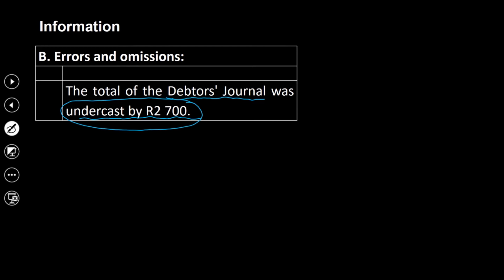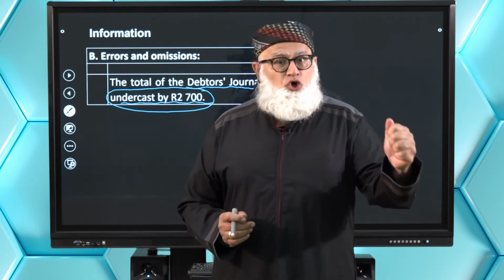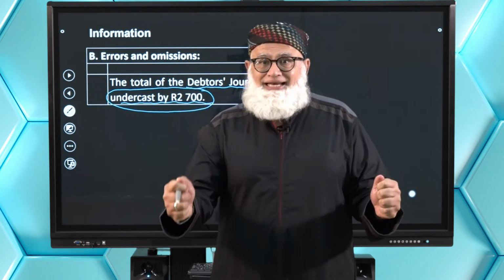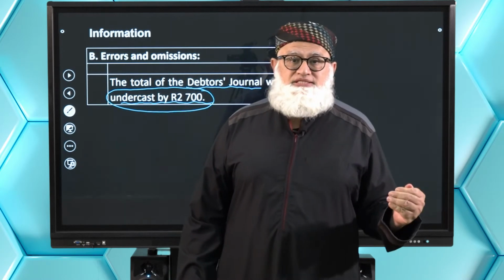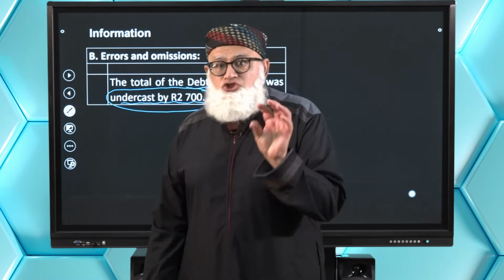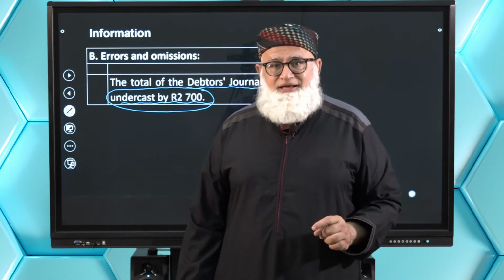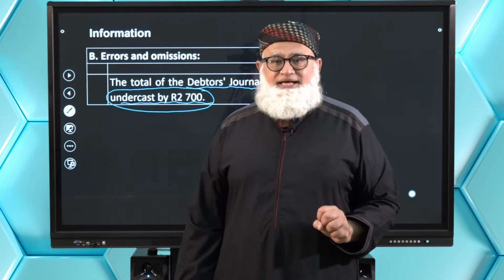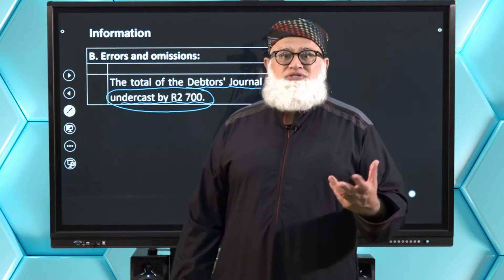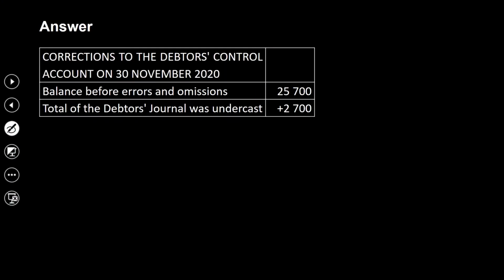The first question that you ask yourself is, where is the error? Is the error in my control account or is the error in my list? Clearly you can see here the error is in your control account. Why? The individual amounts were correct, but the total of the debtors journal was undercast. It was less by how much? 2,700. Let's go and correct it.